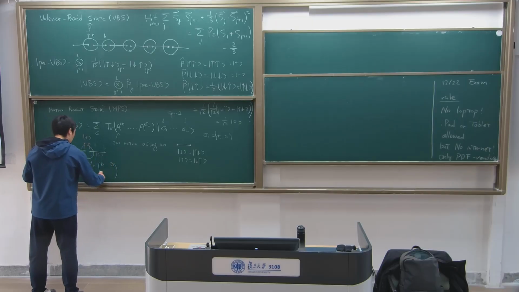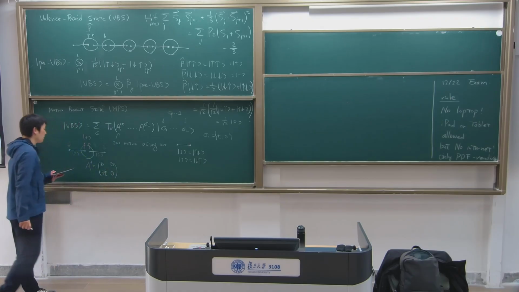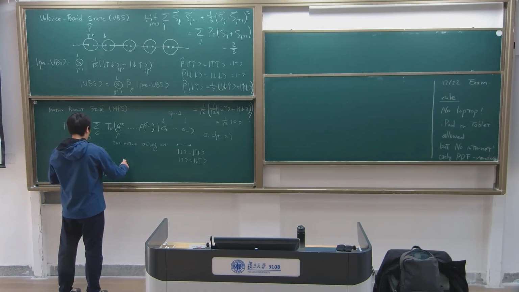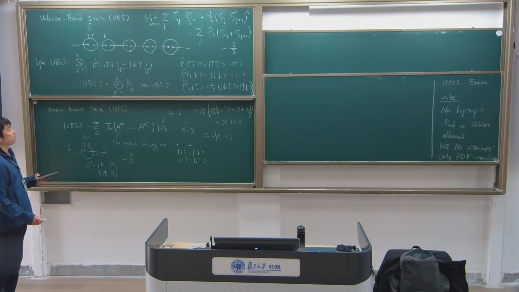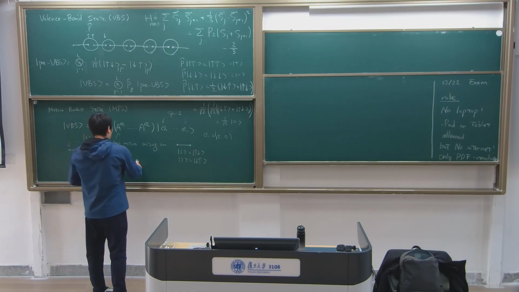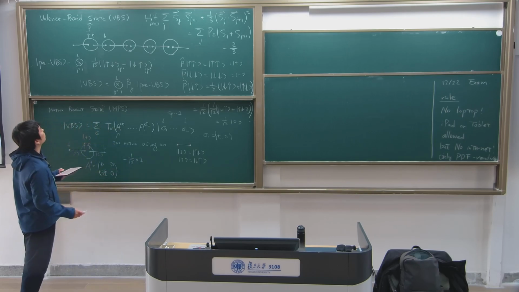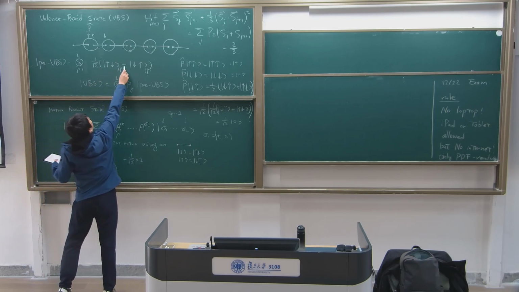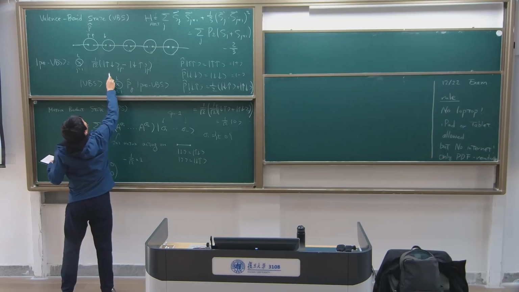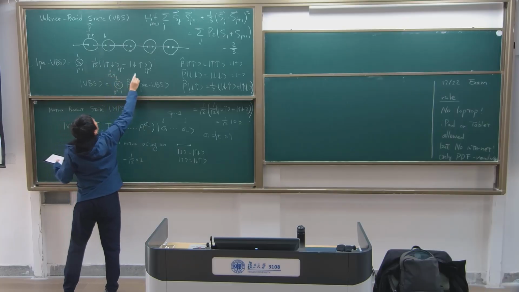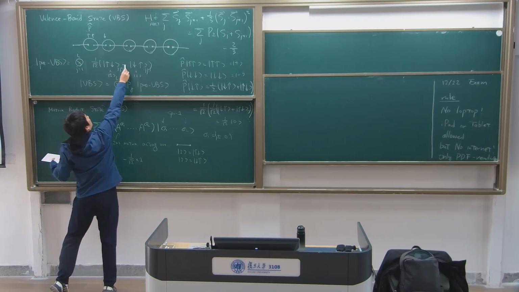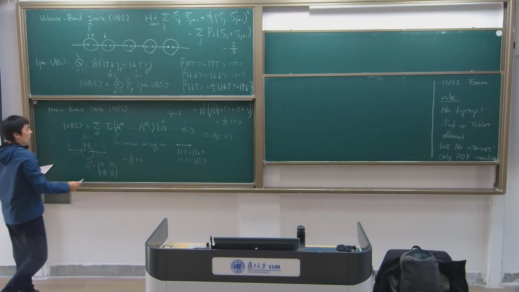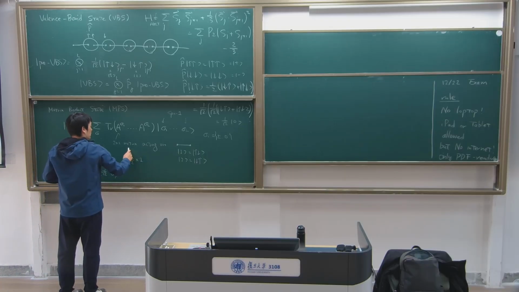One component is non-trivial: minus 1 over square root 2, because here it is times 1. The 1 over square root 2 comes from here. This corresponds to the 1 state and this to the 2 states, and the 2 state has a minus 1 over square root 2.